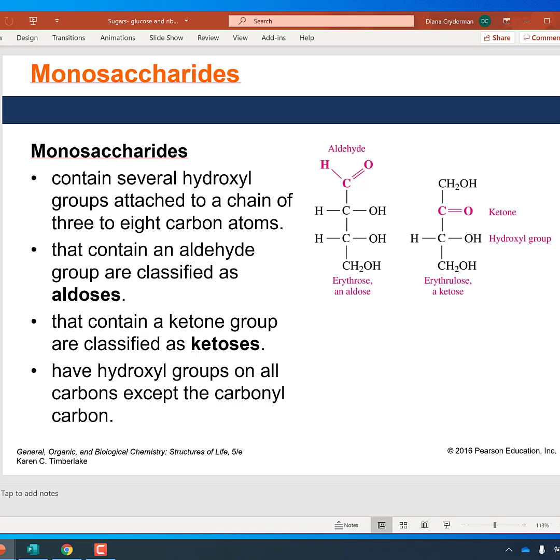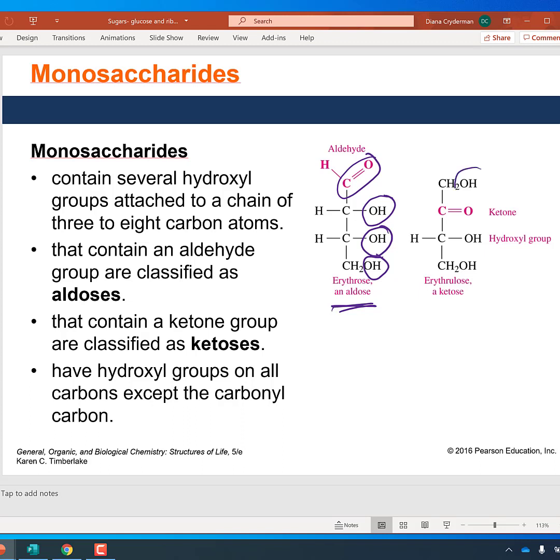So every other carbon atom in the chain will have an alcohol group, a hydroxyl group, except for the carbonyl carbon. So here we've got an example of a 4-carbon chain. Every carbon present has an alcohol group except the one that's involved in the carbonyl.